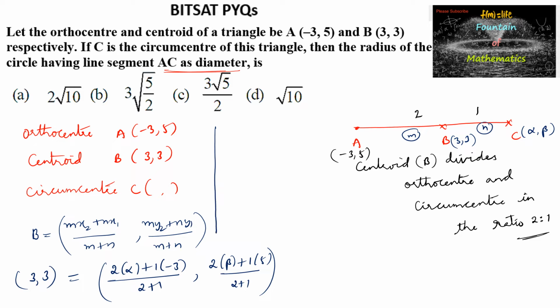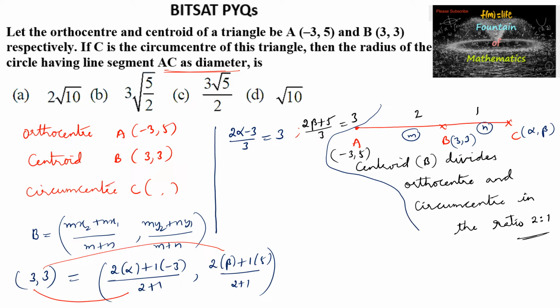So which can be taken as (2 alpha - 3)/3 = 3, comparing the x coordinate and y coordinate, and here we can write (2 beta + 5)/3 = 3. So on simplifying, we will get 2 alpha - 3 = 9 and 2 beta + 5 = 9.